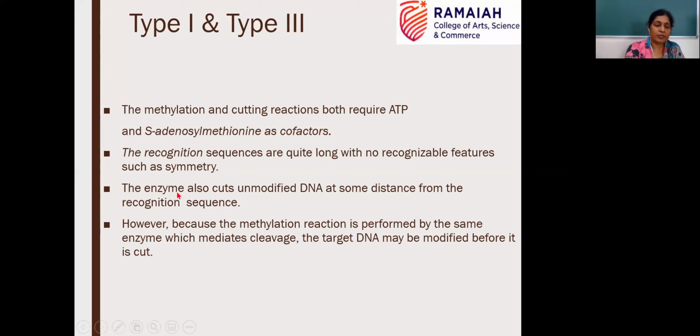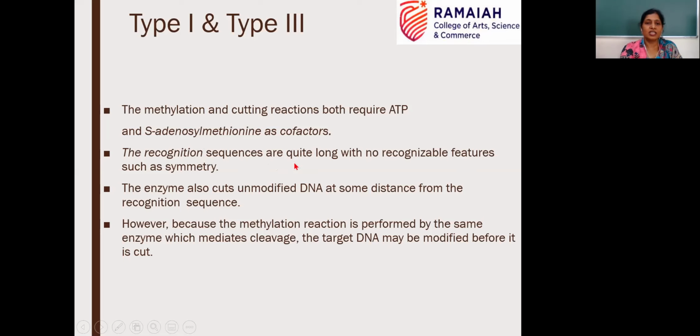Now let's discuss the mechanism of type 1 and type 3. The methylation and cutting reactions both require cofactors like ATP and SAM. This SAM is S-adenosyl methionine. It acts as a methyl group donor also. So for the activity of type 1 and type 3, they require cofactors like ATP and S-adenosyl methionine.